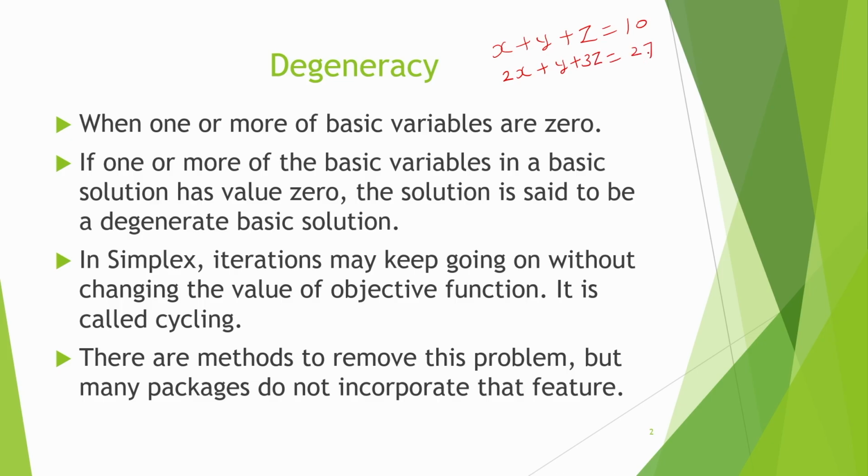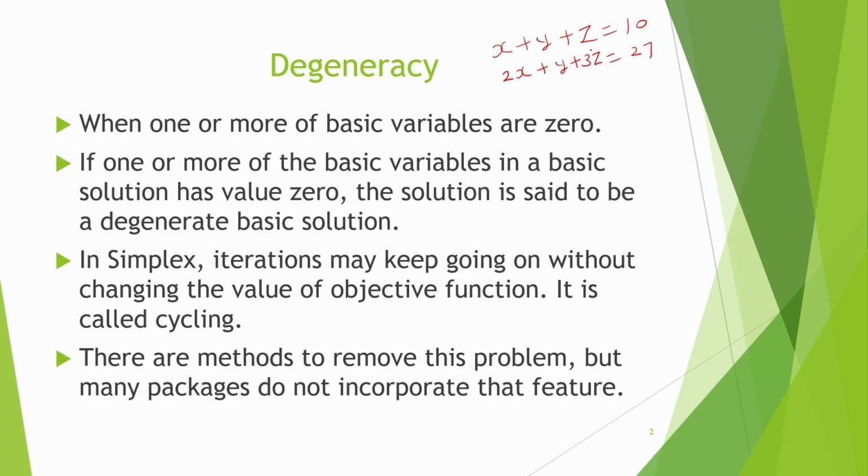Now you have these two equations, but you have three unknowns x, y, z. So obviously you cannot get a unique solution. You will have many solutions, because two equations in two unknowns can be easily solved, but two equations in three unknowns you are not able to solve uniquely.